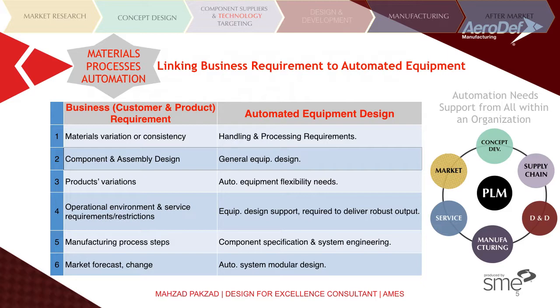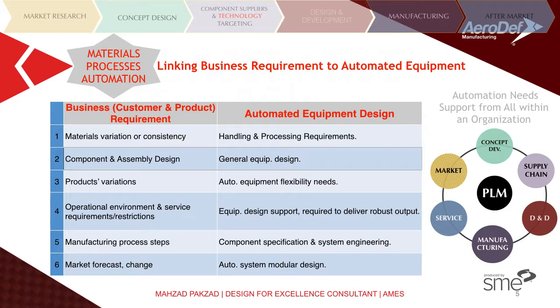Product variations. Besides having material variations, we could have different models, different series of products going through the same automated equipment. So we have to know where those variations are, in order to identify how flexible our automated equipment needs to be, and how we manage the flexibility, the adjustment.